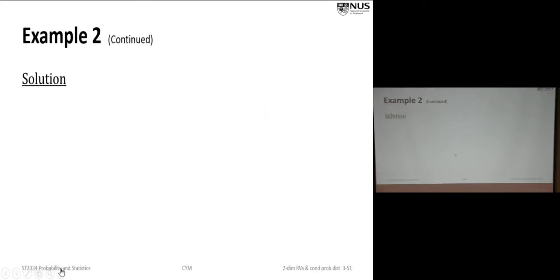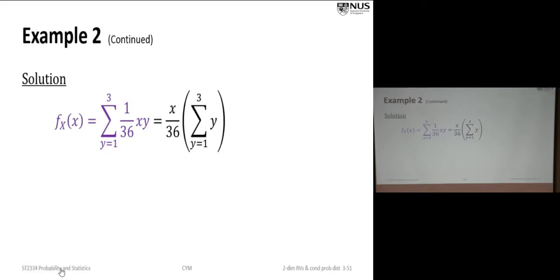So how to do it? To find the marginal of x, we have to sum all the y values for a given x. So we sum y from 1 to 3, 1 over 36 times x times y. Now, we are summing 3 terms.